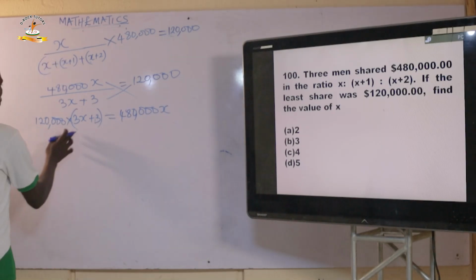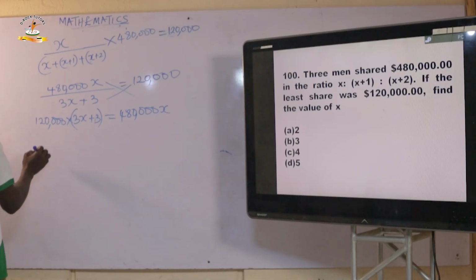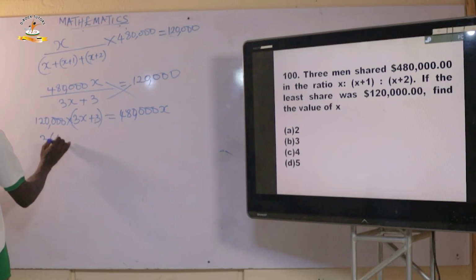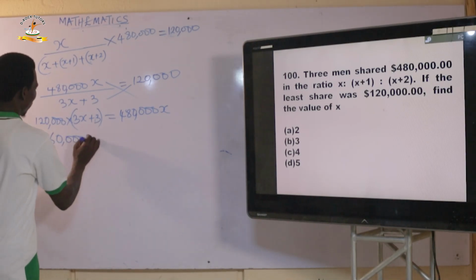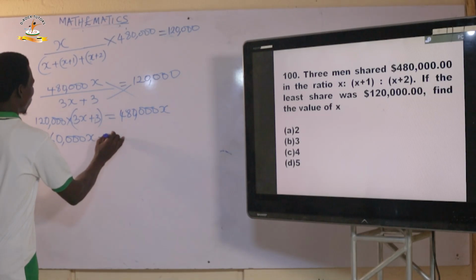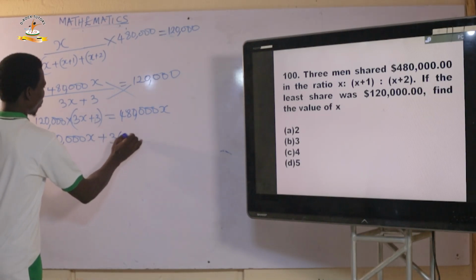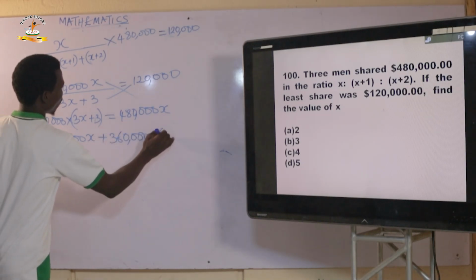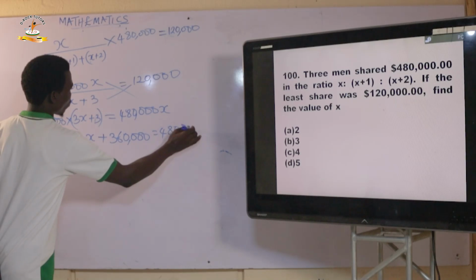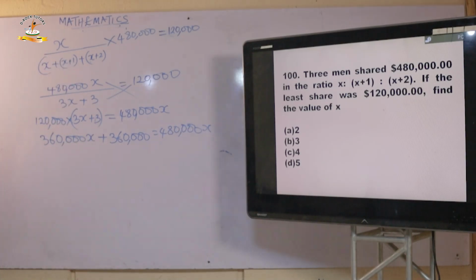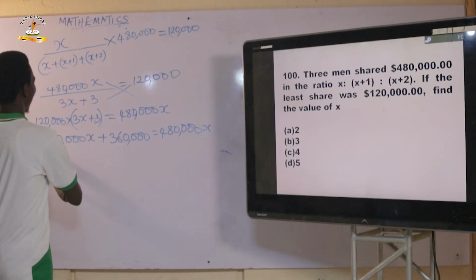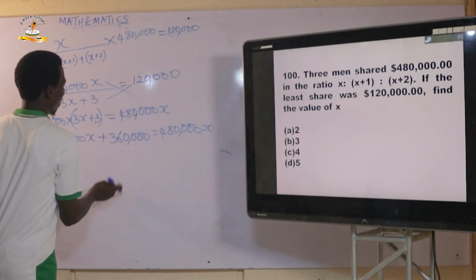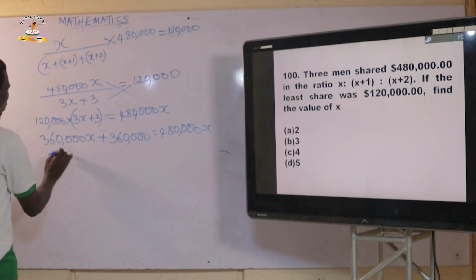So we multiply this out, and this is going to be 360,000 x plus 360,000 equals 480,000 x. So we simply collect like terms. So this 360,000 x will go, and we are left with 360,000.